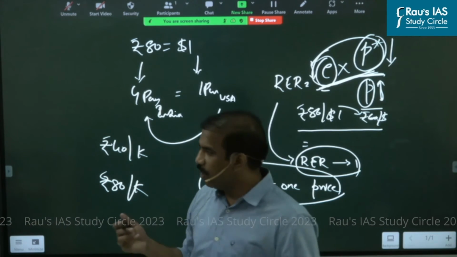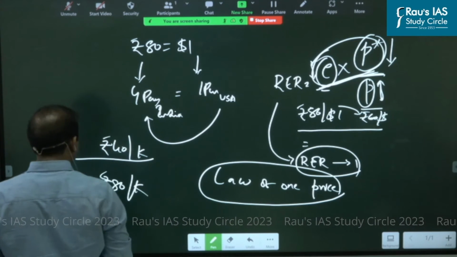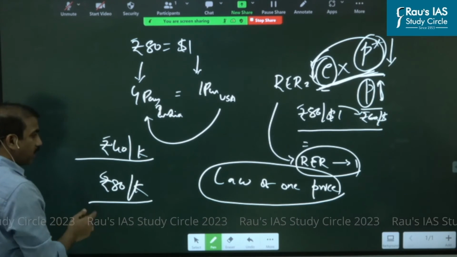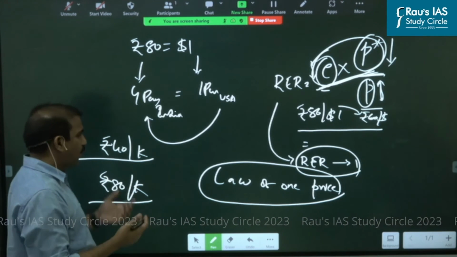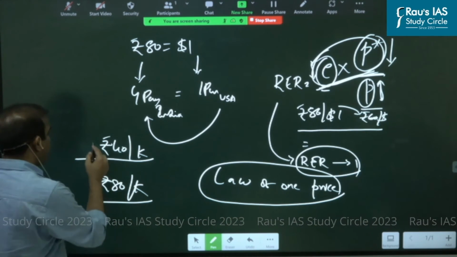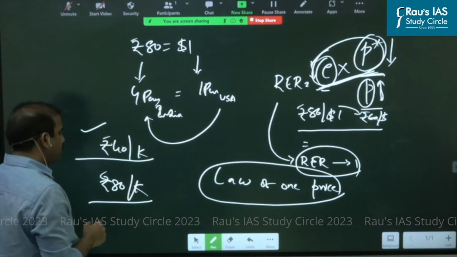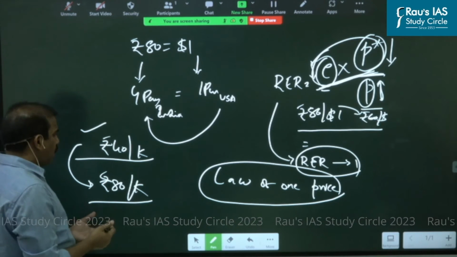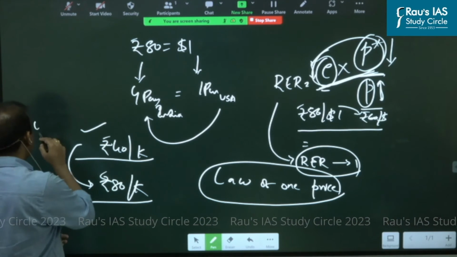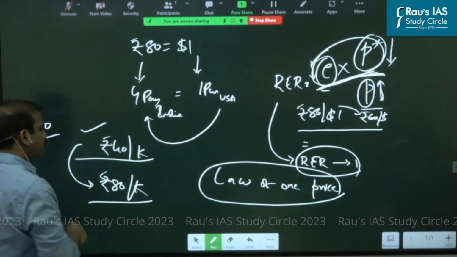No. What do you think someone who knows this fact would do? He would end up buying in the market where it is cheaper and start selling in the market where it is costly. Because outrightly, you could simply make 40 rupees of profit for every 1 kilo.